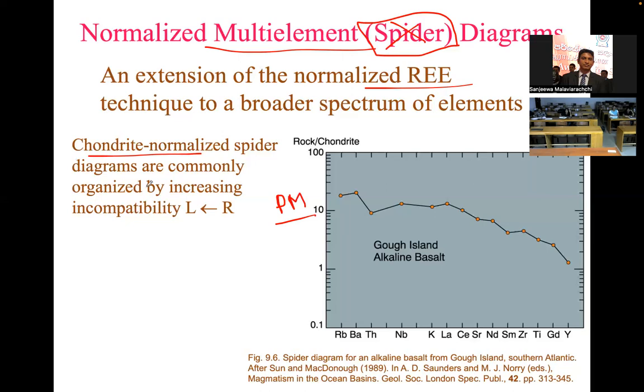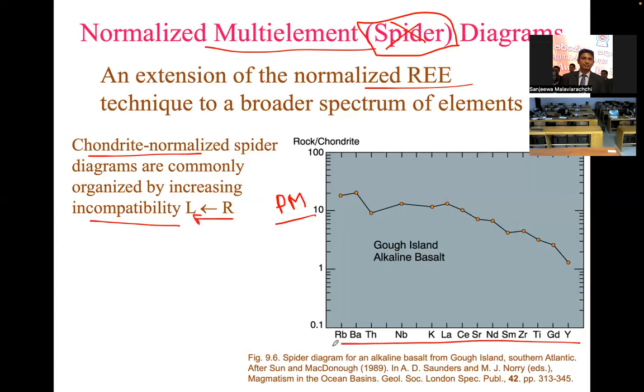In any case, the ordering of these elements in the multi-element diagram is of increasing incompatibility from right to left. Okay, from right to left.